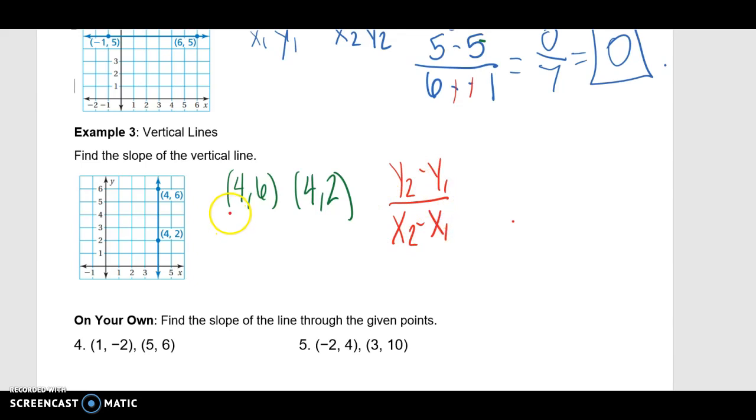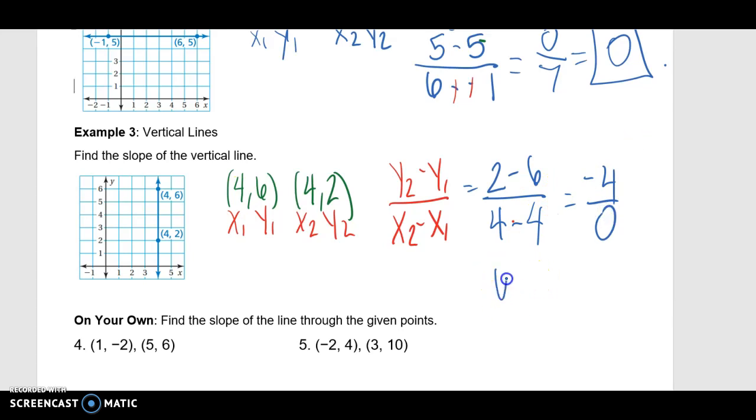And then I'm going to label my points, x1, y1, x2, y2. So now I've labeled my points, and now I'm simply going to use substitution. My y2 is 2, my y1 is 6, my x2 is 4, my x1 is also 4. Simplify.